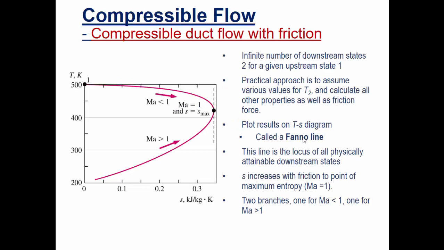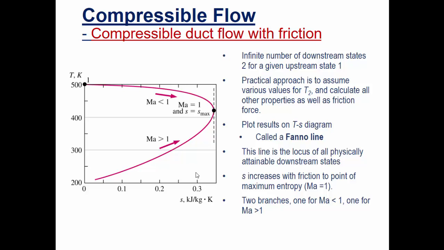I did tell you that the compressible duct flow with friction is also known as the Fanno flow. I hope you still remember the Fanno line, which has been introduced to you earlier in normal shock wave.